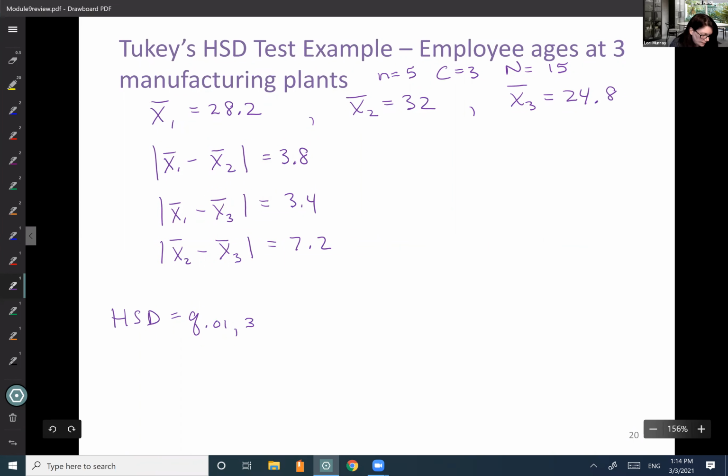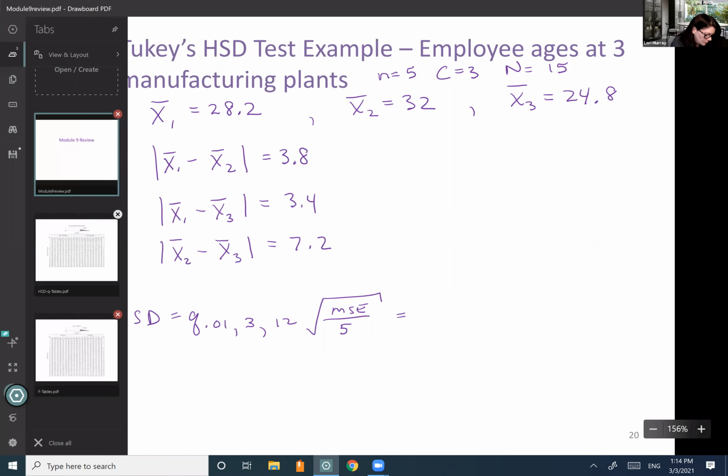So that's C equals 3, and then 15 subtract 3 is going to be 12, so 15 employees subtract 3 plants will be 12. Multiplied by the square root of the MSE, mean square error, divided by 5 in this case, because there were 5 employees from each of the manufacturing plants.